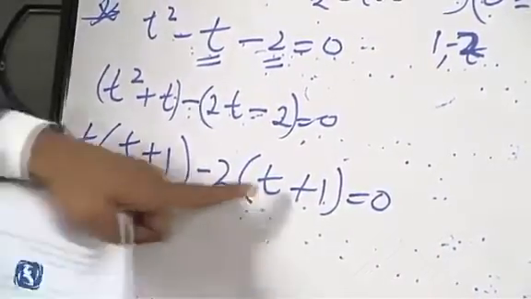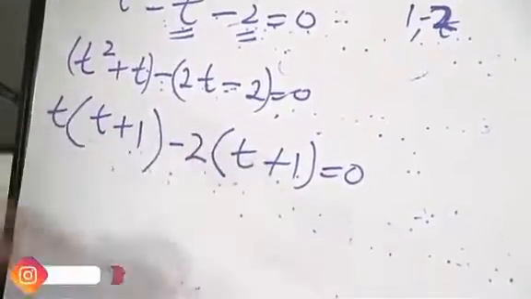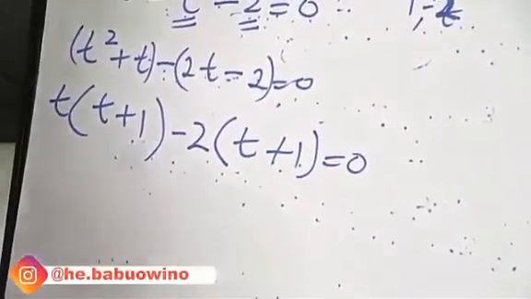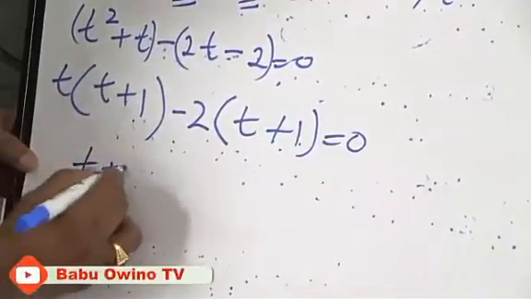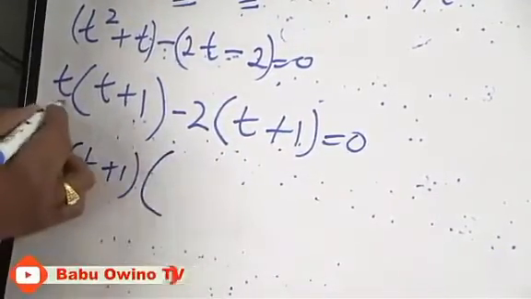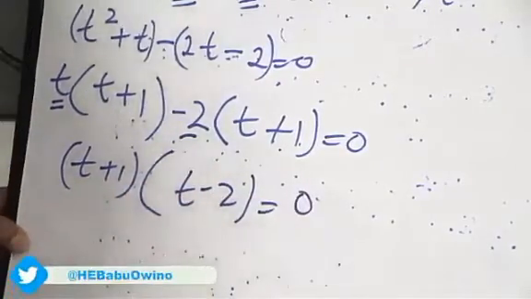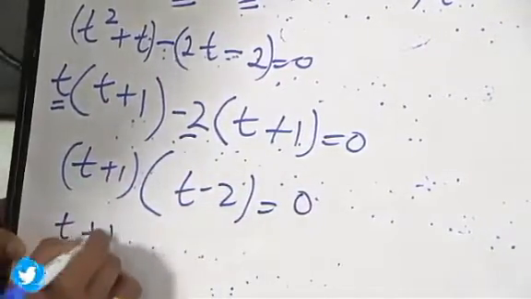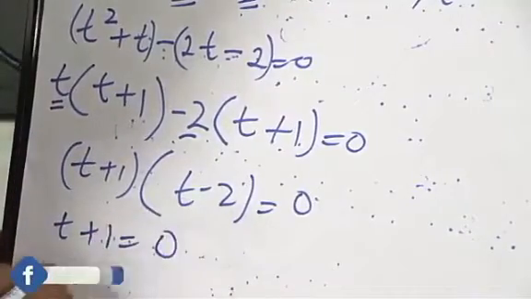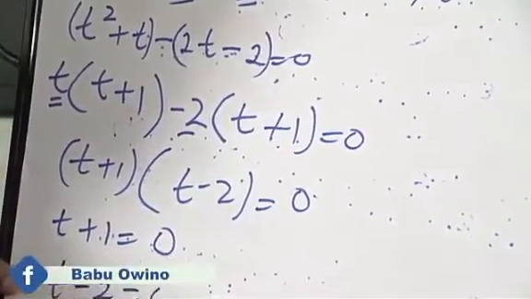Because we have in our bracket a common factor of t plus 1, we collect the common factor of t plus 1, and then you pick t minus 2. You equate to 0. So t plus 1 equals 0, and t minus 2 equals 0.